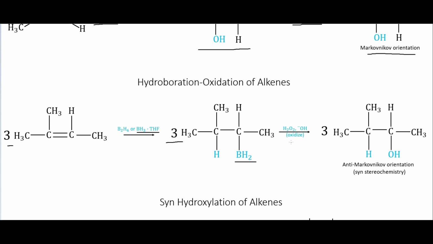Then we put in H2O2 and hydroxide to oxidize this, and we end up with 3 of these in the anti-Markovnikov orientation in the syn stereochemistry. So anti-Markovnikov meaning that our hydroxyl group here is ending up on the least substituted carbon.